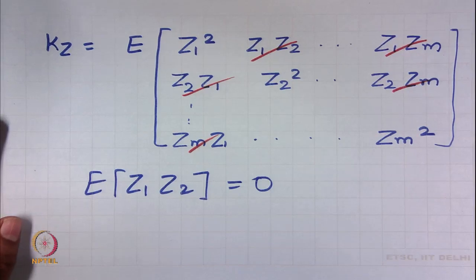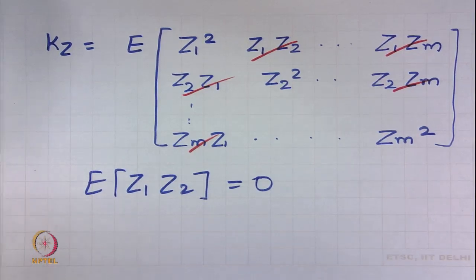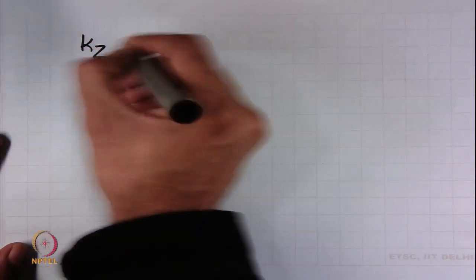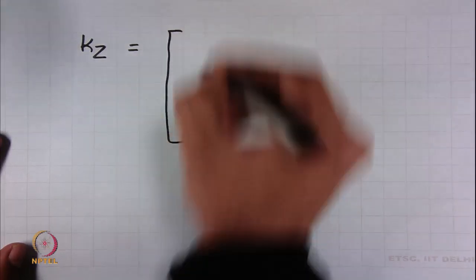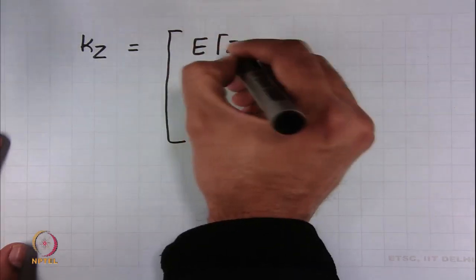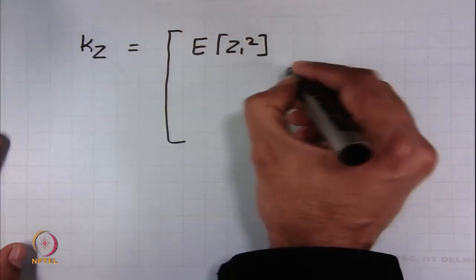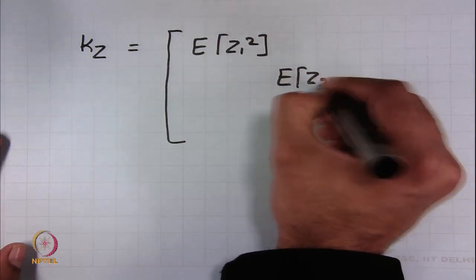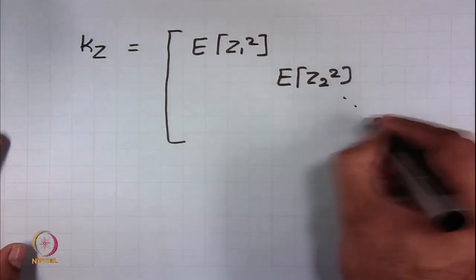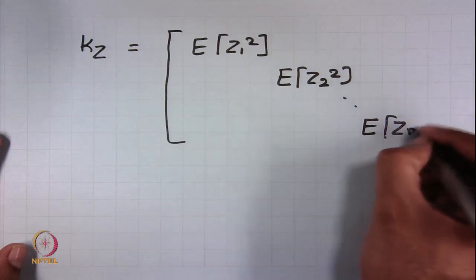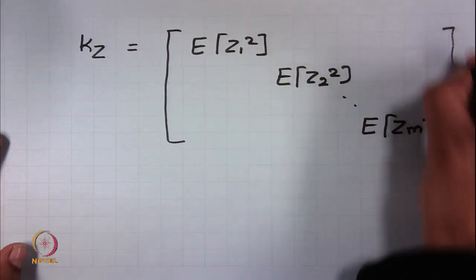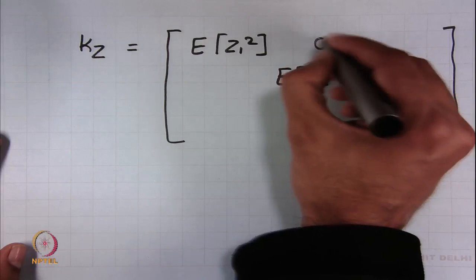Okay. So, finally, what we have is the covariance matrix will be expected value of Z1 square, it will be a diagonal matrix, expected value of Z2 square, expected value of Zm square, and so on and so forth, rest will be 0.